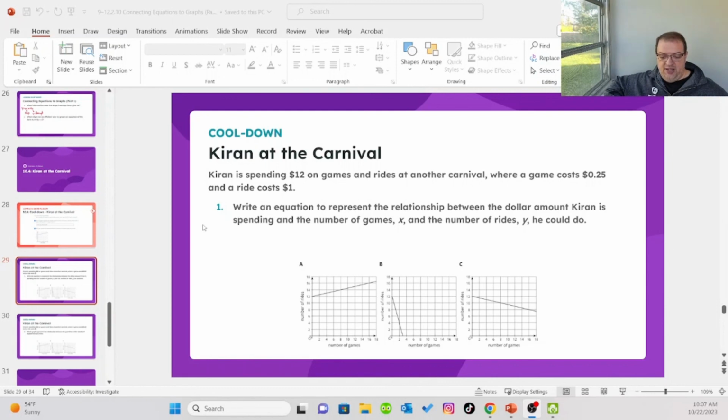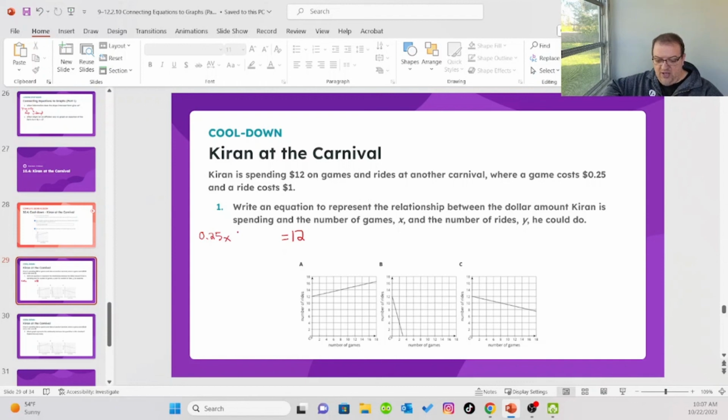So if we take this statement by statement, he is spending $12. That is going to be our total. Games cost 25 cents each and are represented by x. So that's 0.25x.